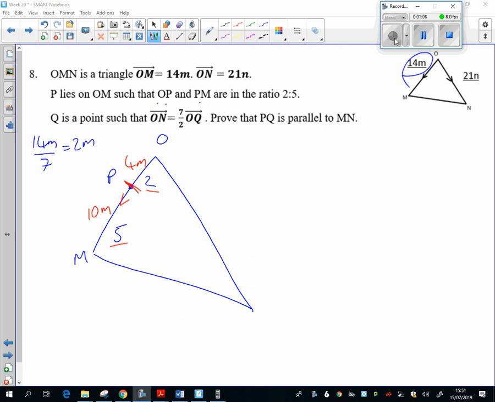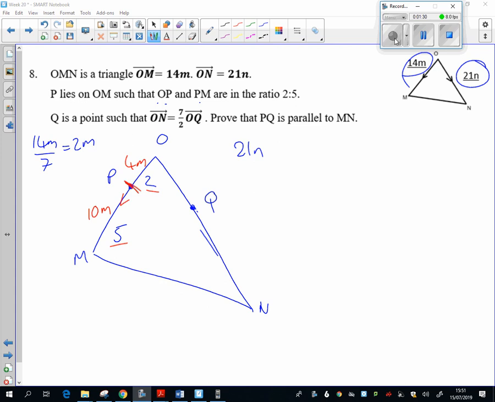Okay, then they talk about ON, and we've got this point Q on ON, so I'll just draw it roughly there to start with, where ON is 7 over 2 or 3.5 times OQ. So I know that ON is 21N altogether.